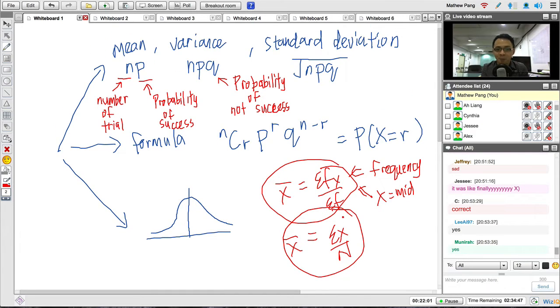If the question gives you probability, you definitely use these three formulas. So whenever you see probability and you want to find mean, variance, and standard deviation, you have to use these three formulas. It's very easy to remember.